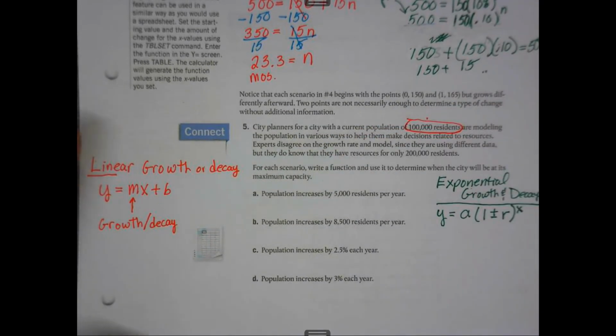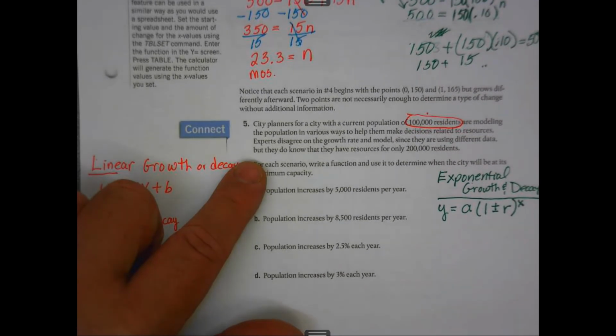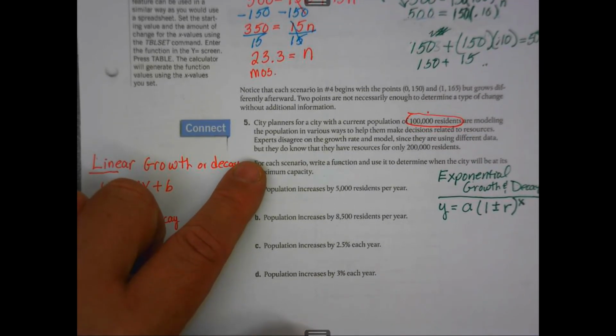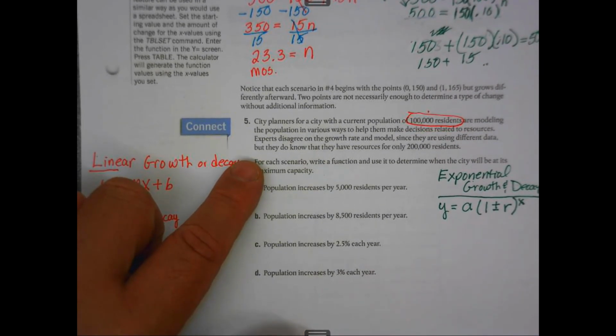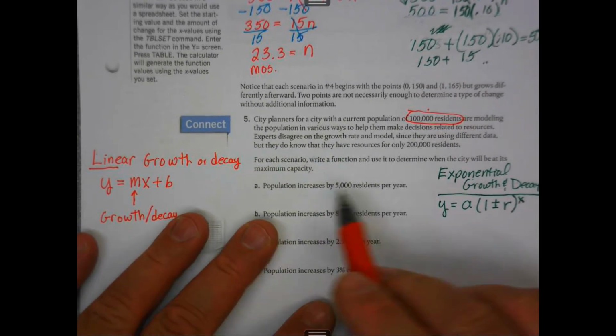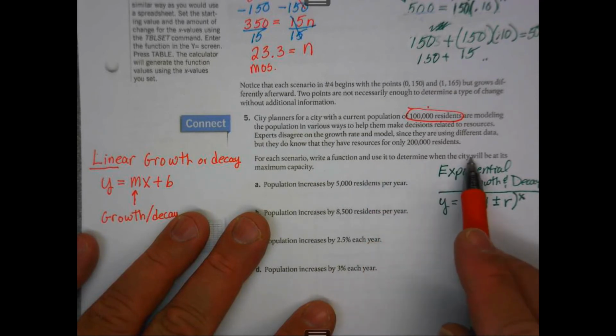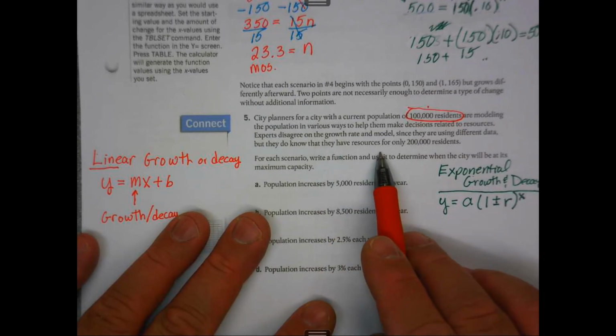Experts disagree on the growth rate and model. And since they are using different data, they do not have the resources for more than 200,000 residents. For each scenario, write a function and use it to determine when the city will be at its maximum capacity.